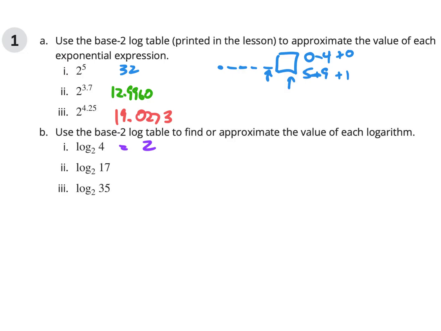Okay, rounding to 4 decimal places, we get 4.0875. The 6 pushes the 4 to a 5. And for the last one of 35, we get 5.1293 because it's 1292, but the 8 pushes the 2 to a 3.